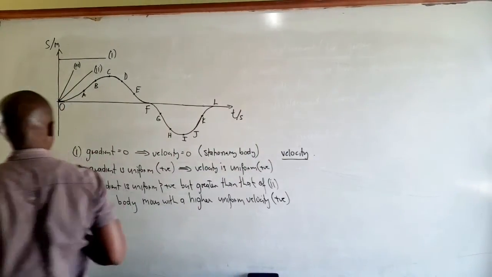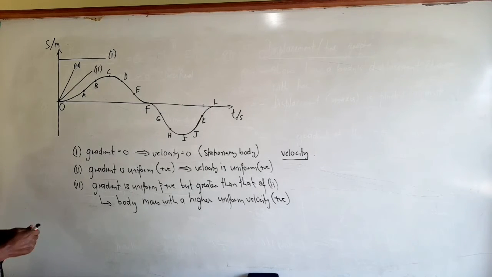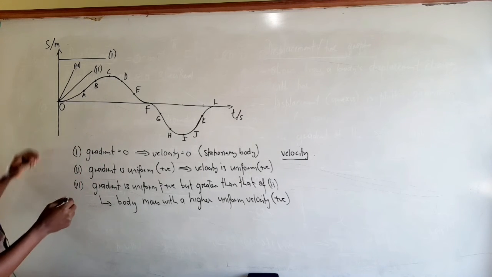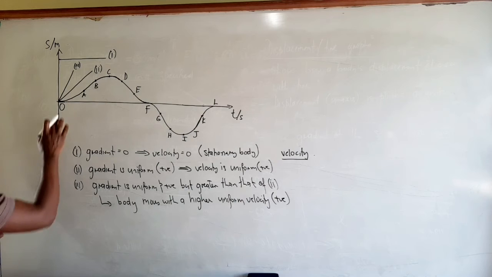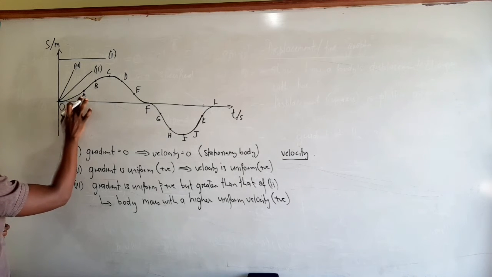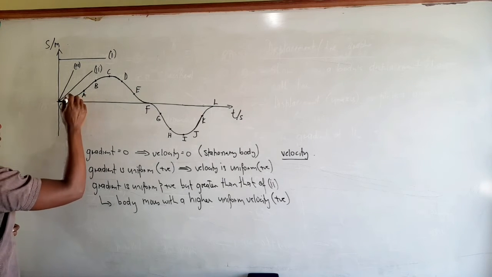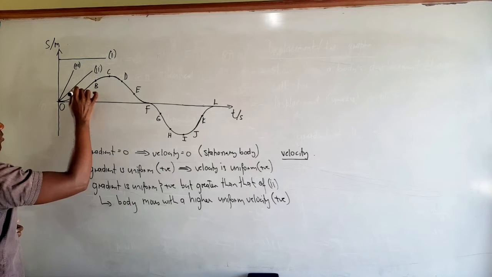Now, before we start to analyze, let me explain the different segments of this graph. At O, the curve is flat, and it starts to curve between O and A. So in other words, the gradient will start to get steeper, right? So there's an increase in gradient along OA.